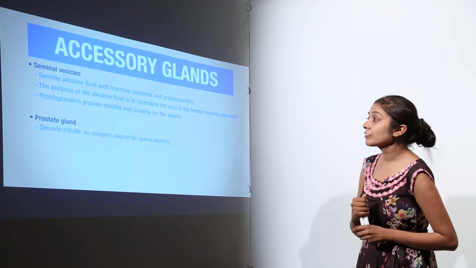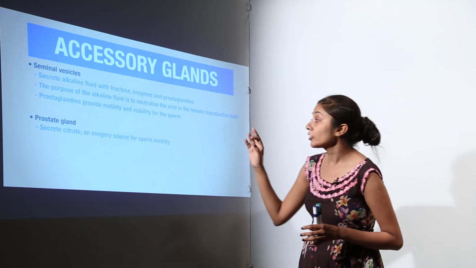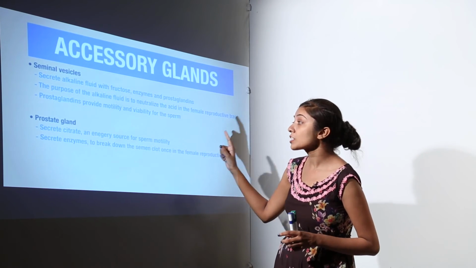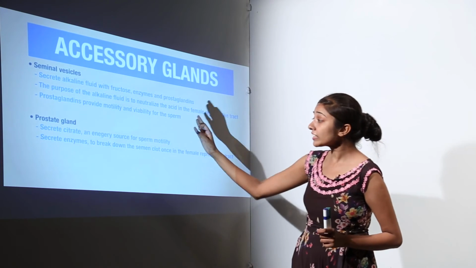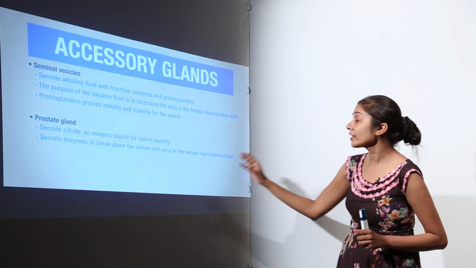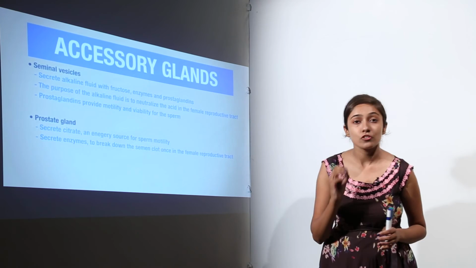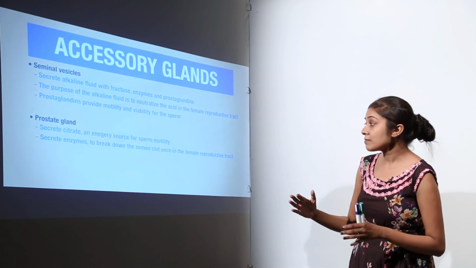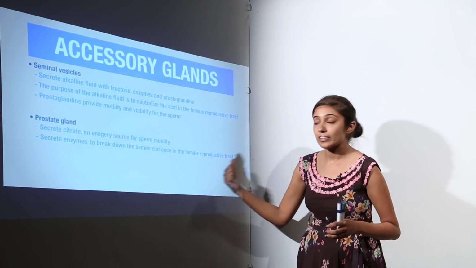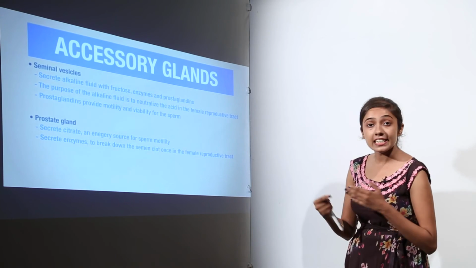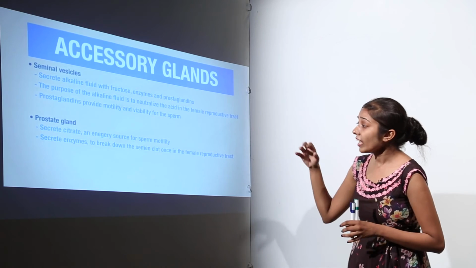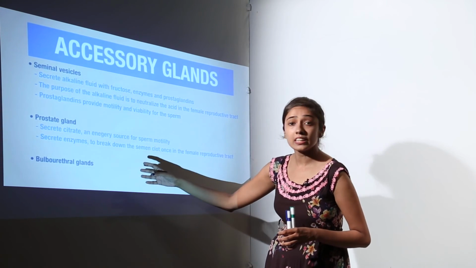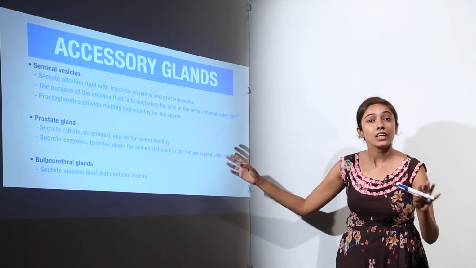The next gland, we have the prostate gland. They secrete citrate, which is an energy source for sperm motility. Remember the functions, they are very important. They also secrete enzymes to break down the semen clot once in the female reproductive tract. So they help the sperms when they enter the female reproductive tract also by secreting certain enzymes. Then we also have another gland, that is the bulbourethral glands, or we call them Cowper's gland.